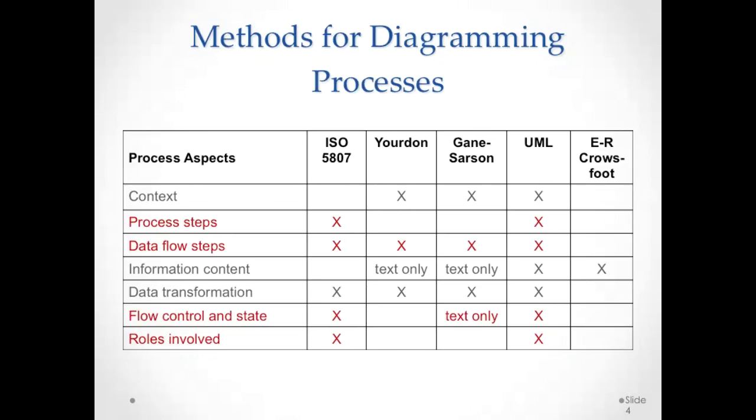And then the next is representing information content. So far we've seen two ways to do that, a UML class model, as well as the entity relationship diagram that we looked at for relational databases. The next item that we might want to show is data transformation. In other words, what operations are we performing on data?